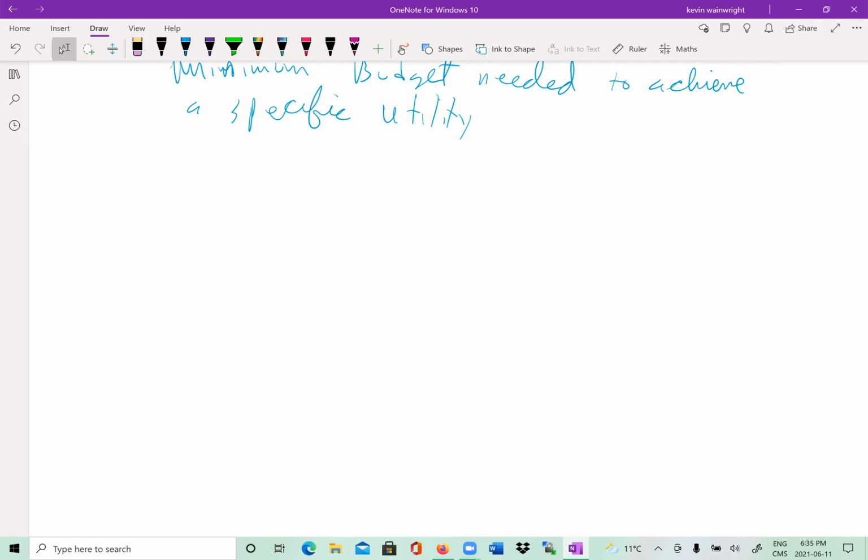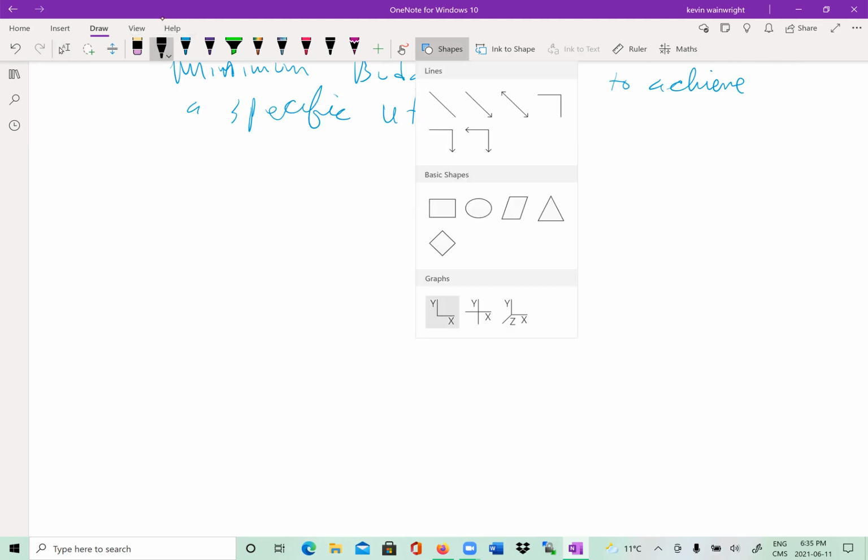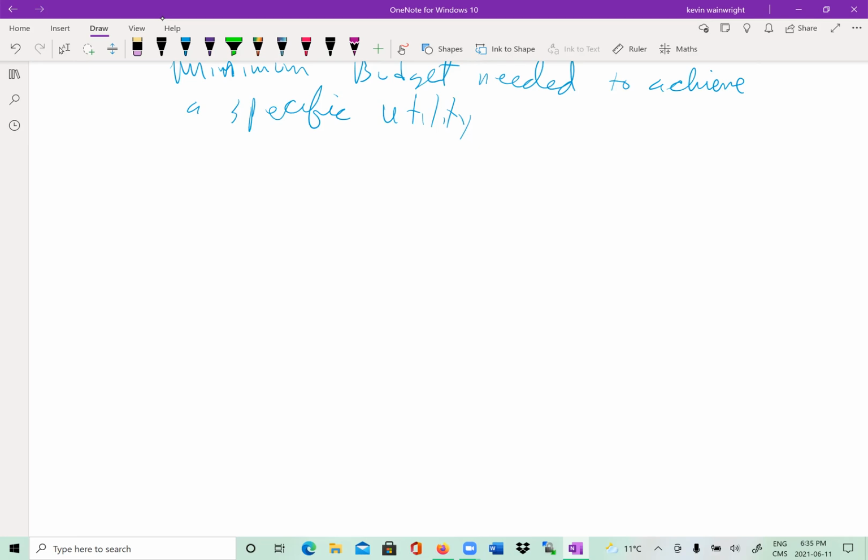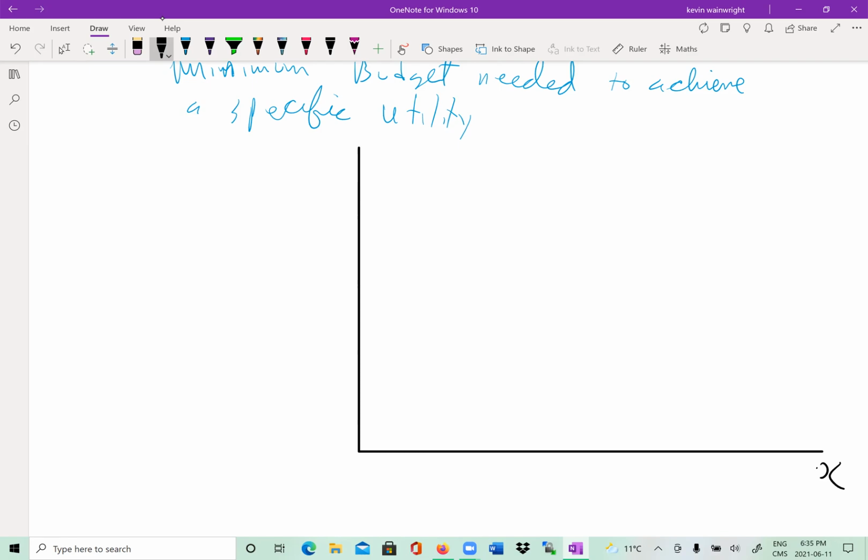So let's consider the following situation. So we have a two good world, X and Y. And Y is known as the composite commodity.